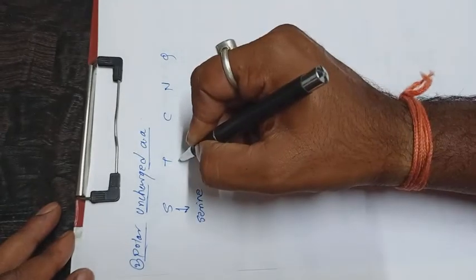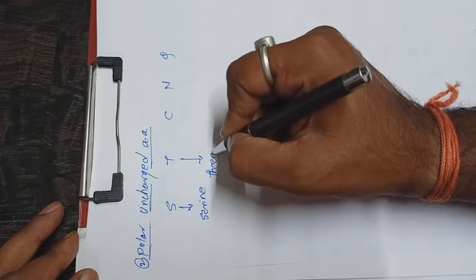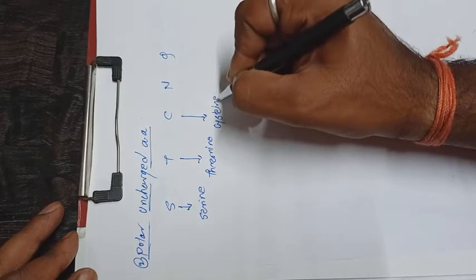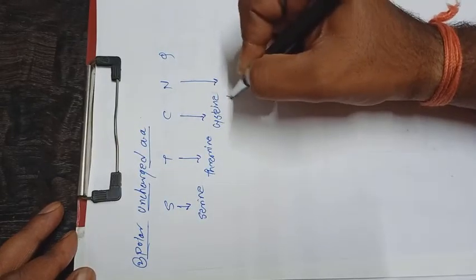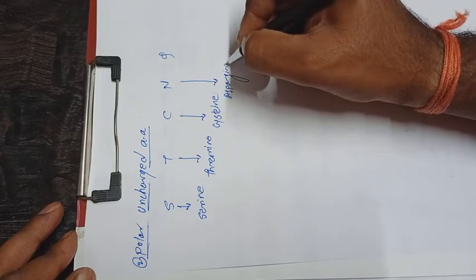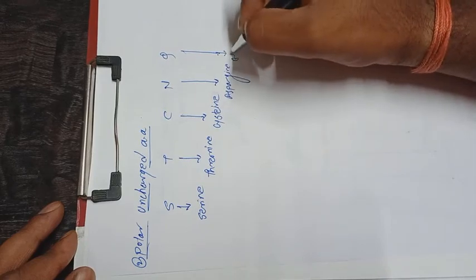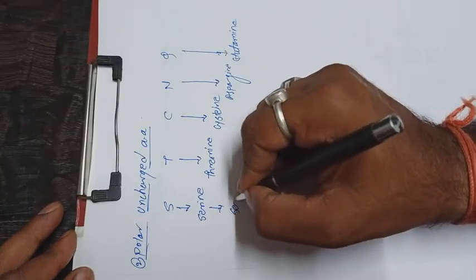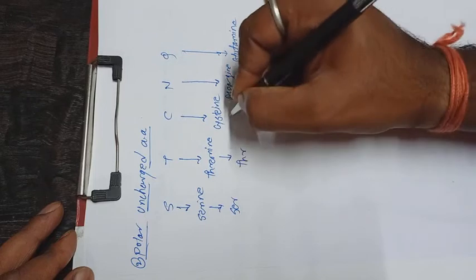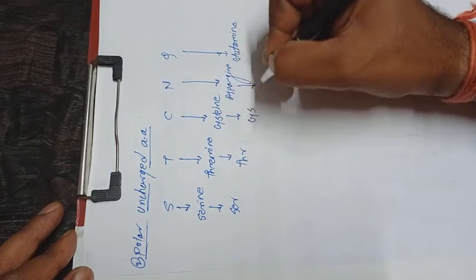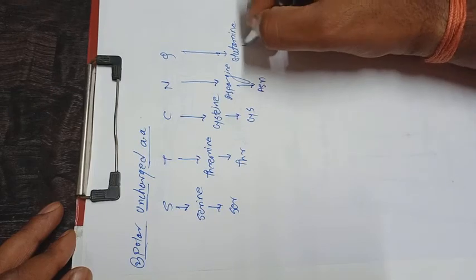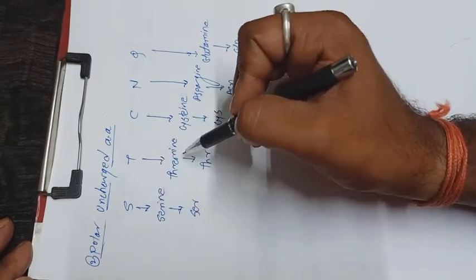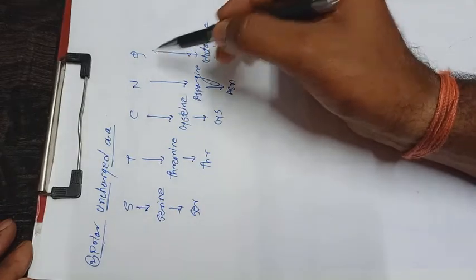S stands for serine, T stands for threonine, C stands for cysteine, N stands for asparagine, Q stands for glutamine.